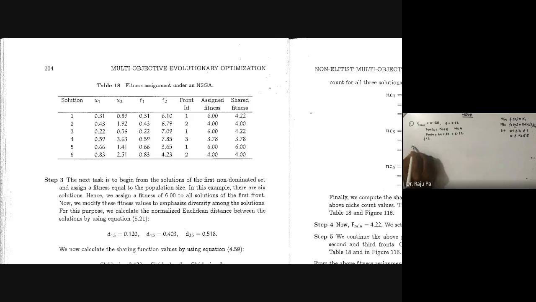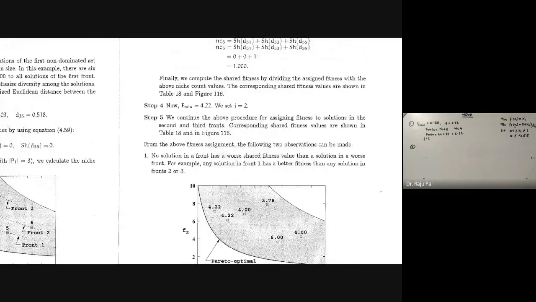Now in step 2, we need to divide the population into different fronts, by applying the non-dominated sorting algorithm. We need to classify the population into different non-dominated sets, and it is observed that there are 3 sets.